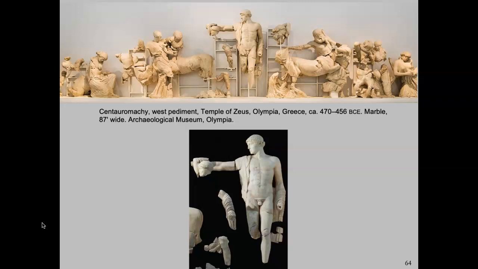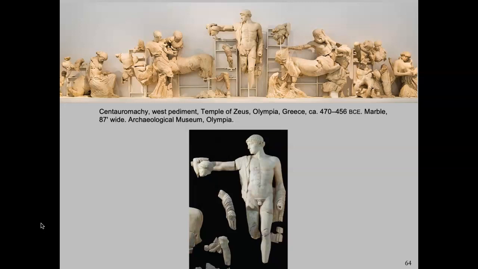So already we see a matchup between the rationality of the Greeks, the Lapiths, and the kind of animal nature and irrationality of the Centaurs, who are, after all, half beast. And we should recognize that the Centauromachy, much like any battle scene in the sculptural program of a Greek temple, is a metaphor for something else.